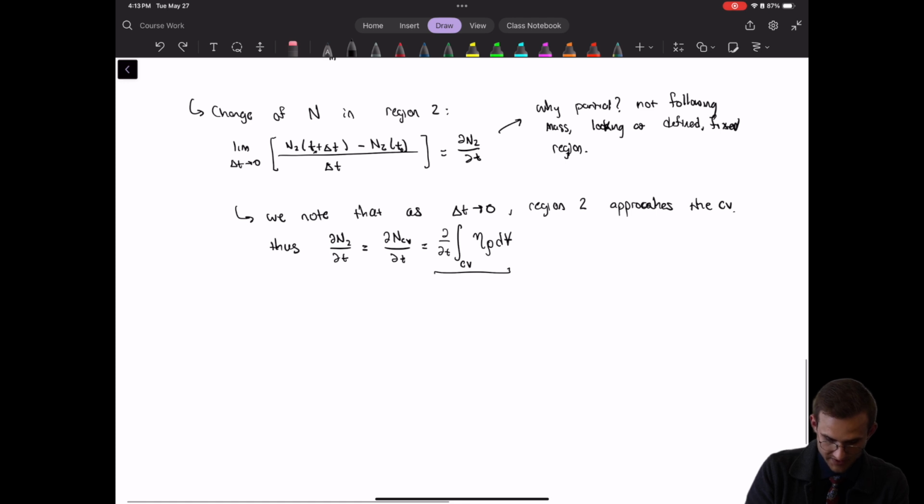and we get the following expression, which is that dN/dt is equal to the partial derivative with respect to time of the integral over the control volume of eta rho dV.